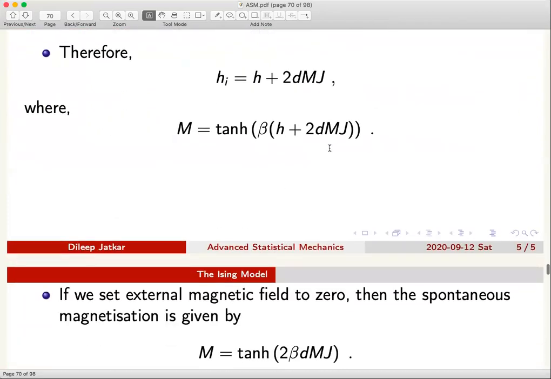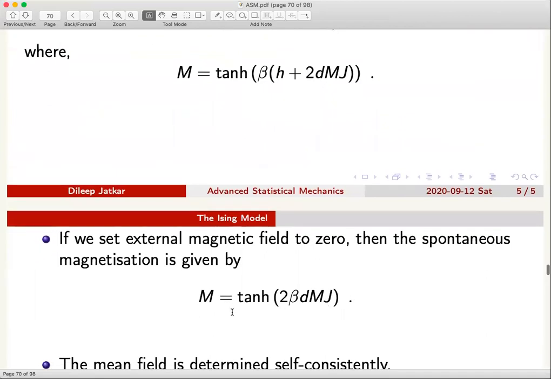But this small change was quite crucial in the sense that if you set the external magnetic field to 0, you get an equation M equals tanh of 2 beta d m J for a d-dimensional hypercubic lattice. And of course, this equation has to be solved self-consistently because M appears on both sides.